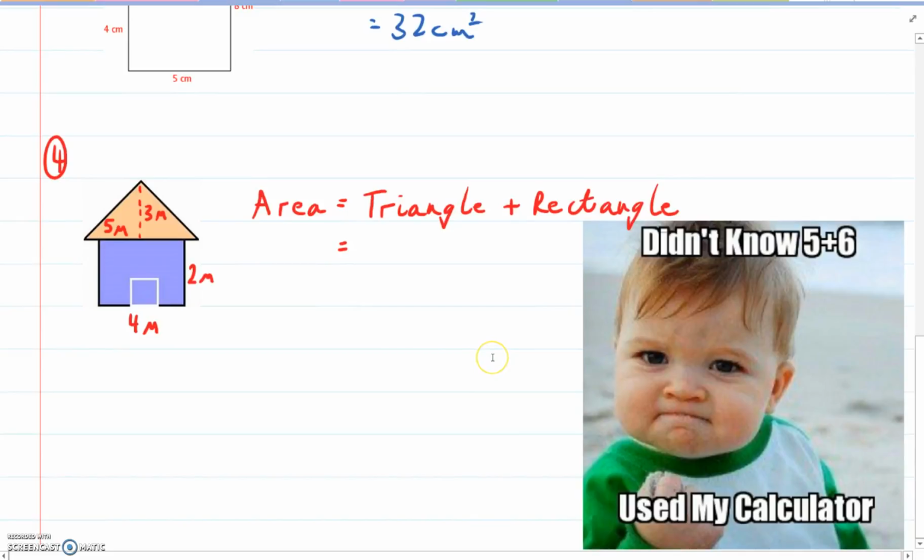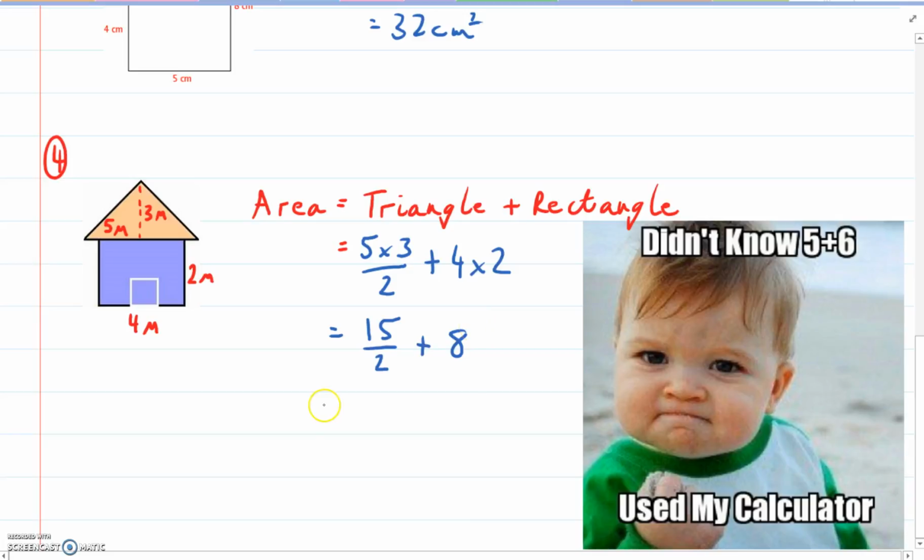Okay, here we go. Question 4. So we've got a house here. Again, it's not really to proportion, but that's okay. We've got all our measurements. The area of a triangle is base times height divided by 2. So in this case, it's 5 times 3 over 2. And the area of the rectangle is 4 times 2. So that's 15 over 2 plus 8.